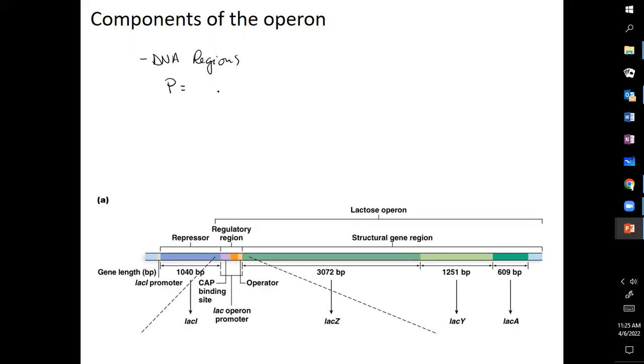We'll call that the P region. The promoter, as we've learned about, is the RNA polymerase binding site. It is required for transcription. If you do not have a promoter, you do not have transcription.